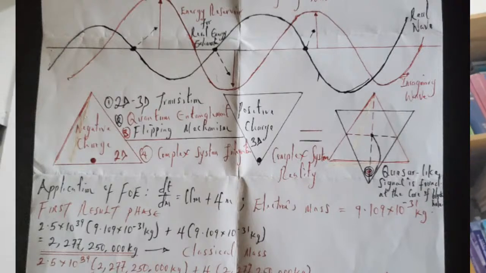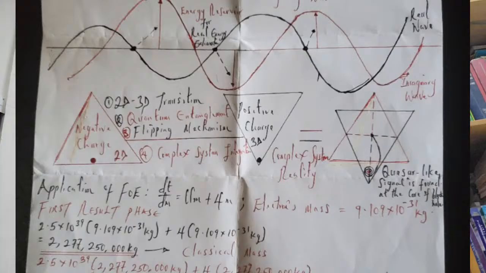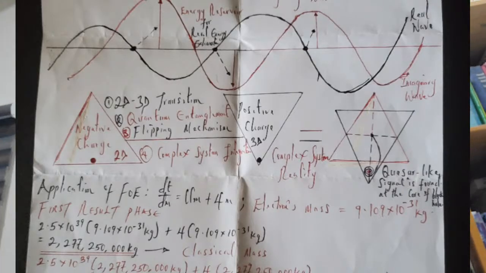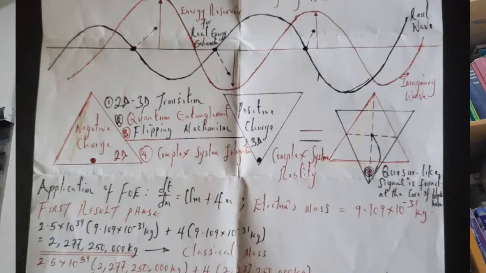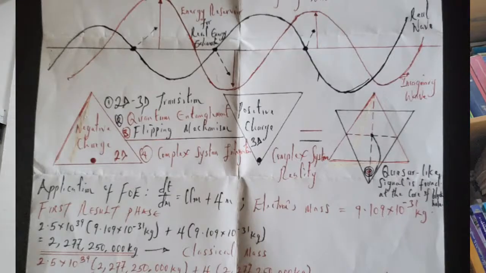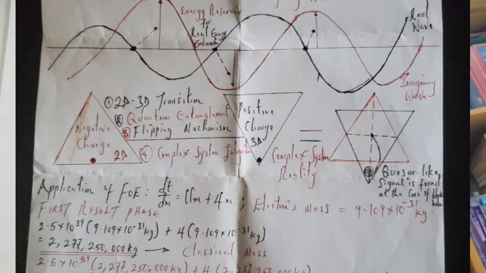So the whole complex system will then be the stacking of two equilateral triangles. By stacking the two equilateral triangles, we can see the compacted equilateral triangle around the edges of the two equilateral triangles. And with that, we can get to know what the nature of the nucleus is.